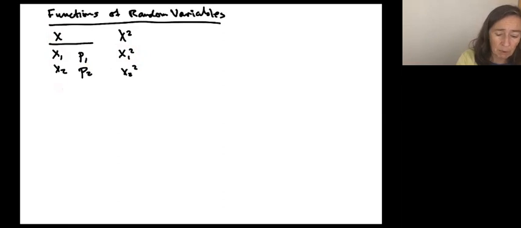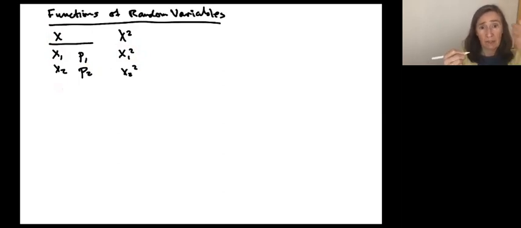The most important point about functions of random variables is we can't necessarily switch the order of taking a function and doing the expected value.